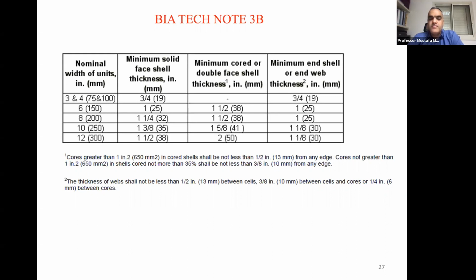Now, these things are important if you have that ordered to be on the site, then making sure that what was ordered is according to the specifications. So these are the specifications. So if it's a 4-inch nominal width brick, that's what you should have. Okay, so minimum end shell thickness is 3/4 of an inch. Minimum solid face shell is 3/4 of an inch. Okay, so that's why these are important.